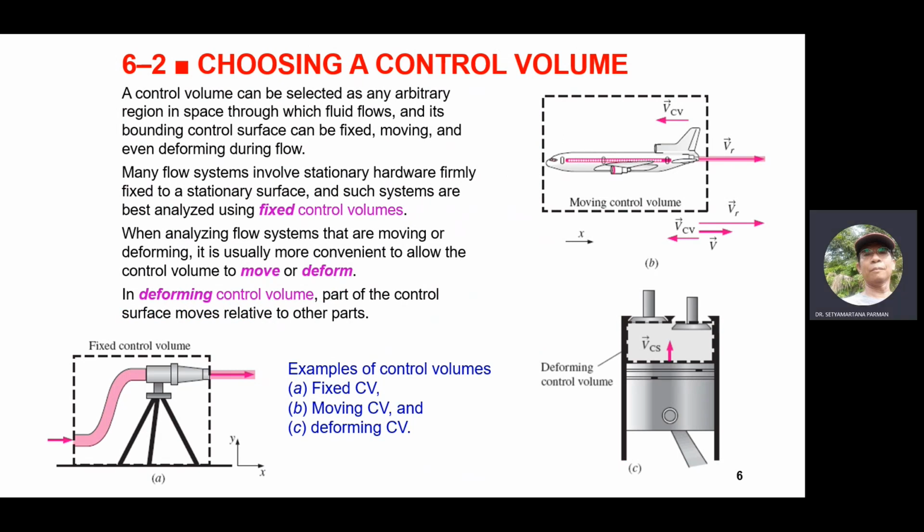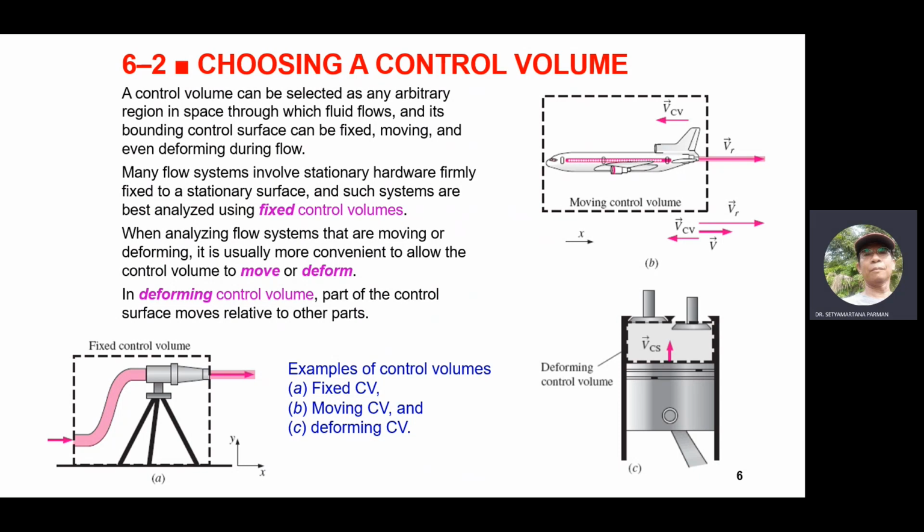Okay, the second part of this chapter is choosing a control volume. A control volume can be selected as an arbitrary region in space through which fluid flows, and its bounding control surface can be fixed, moving, or even deforming during flow.